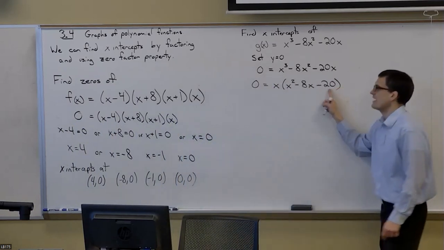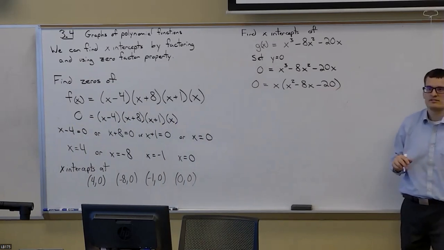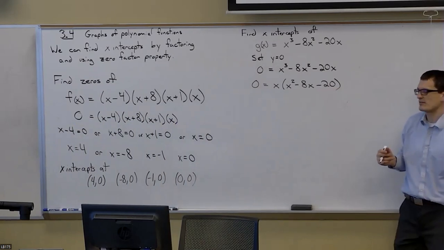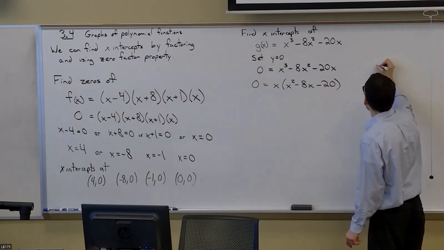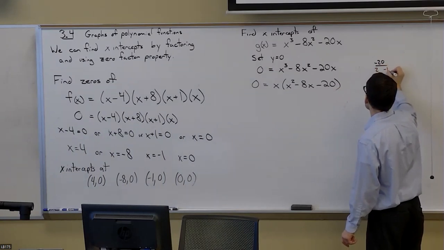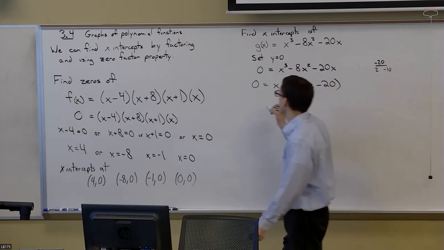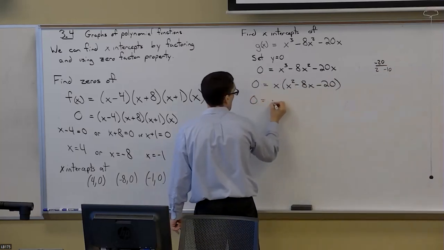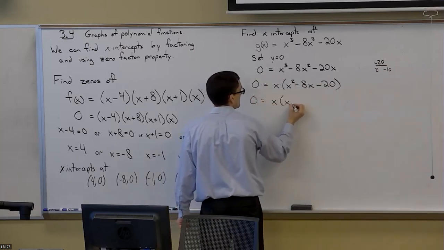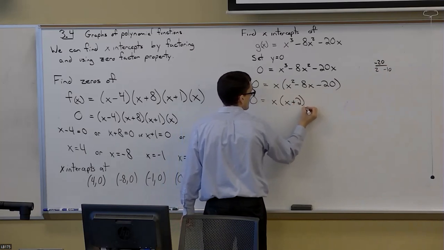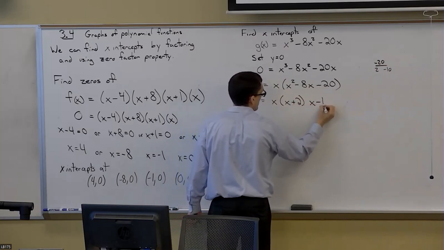And then I can factor this quadratic, just like normal. So I factor that quadratic, factors of -20 that add to -8. I think a 2 and a -10 is the one. So this factors into x times (x plus 2) times (x minus 10).